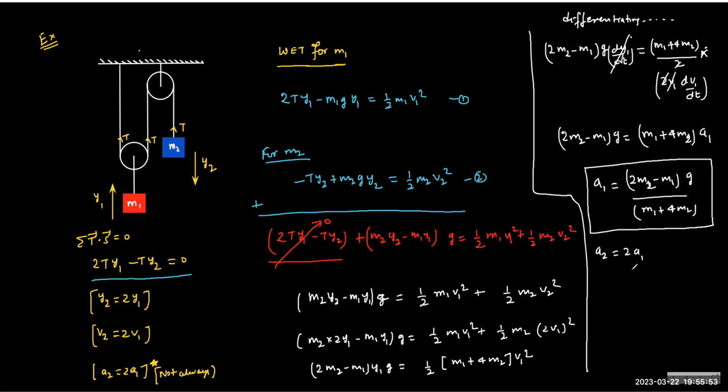As a beginner, this is how you proceed. You write so many things, and then as we become expert in writing, we do things mentally very fast. We know that y2 is twice of y1, so I'll assume y1 as y and this will become 2y. Therefore this will become V and this will become 2V. So I have reduced the variable in one go. Then I will write it and solve.